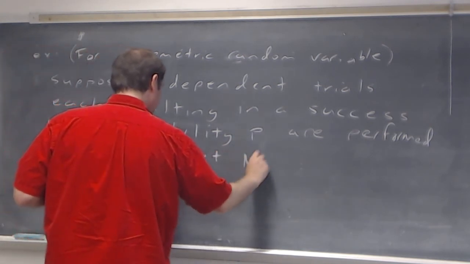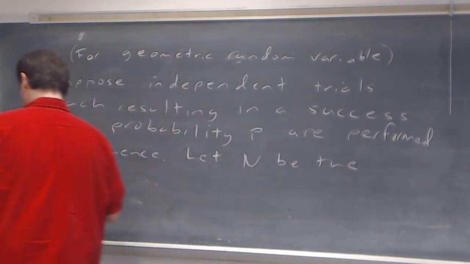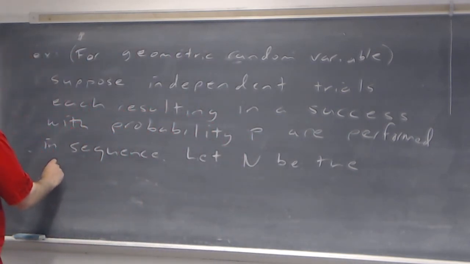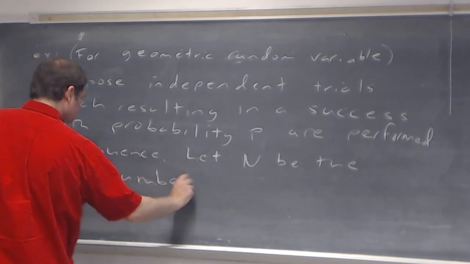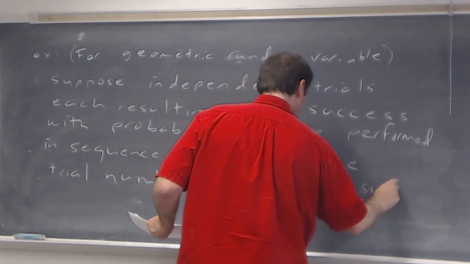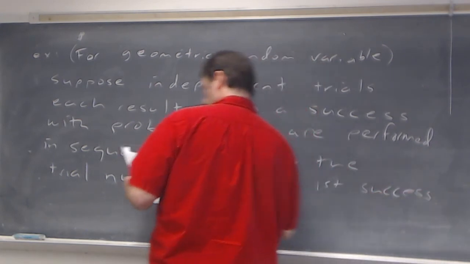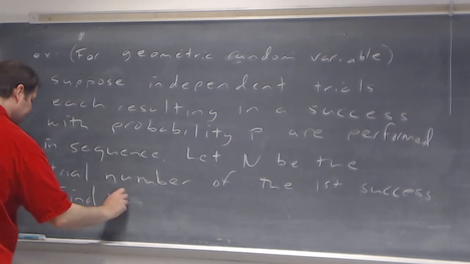Let n be the trial number of the first success, and then he asked to find the variance again.